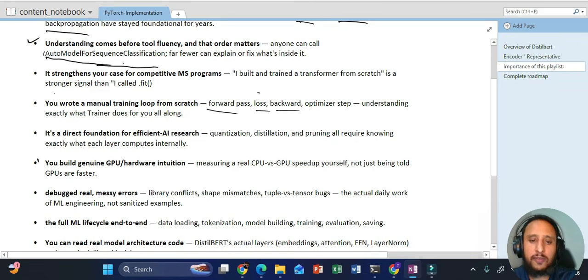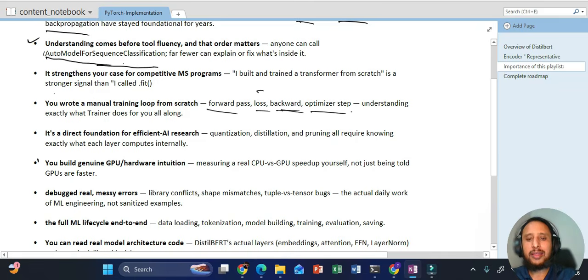We have different kinds of loss functions, and we will be using one of them. Then we have backward propagation, that is calculating the gradients for all the trainable parameters. Then we will be discussing how we can optimize them.